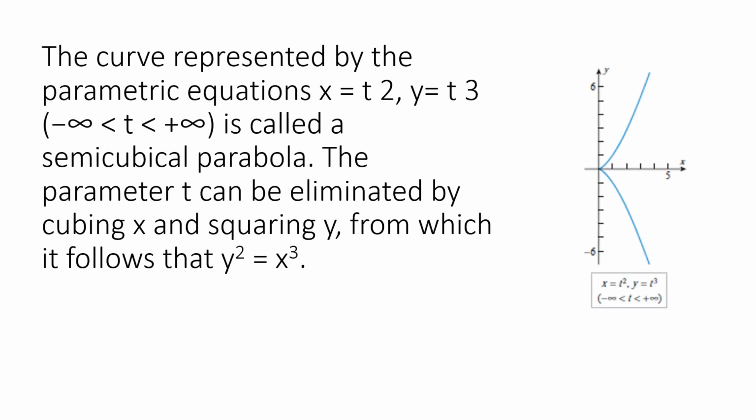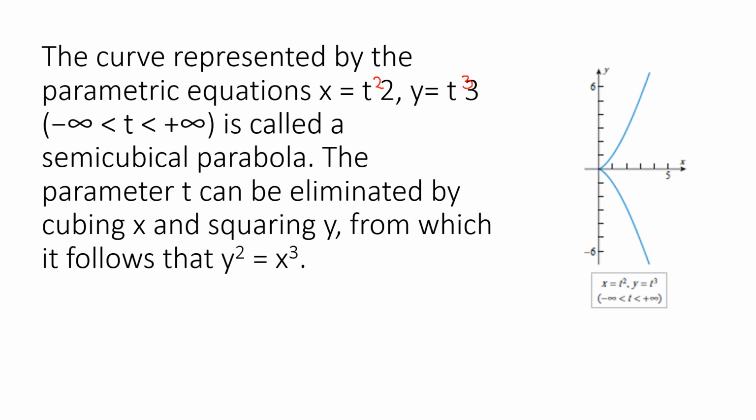So let's have this one. The curve represented by the parametric equation x is equal to t squared, and y is equal to t cubed, where t is greater than negative infinity but less than positive infinity, is called a semicubical parabola. The parameter t can be eliminated by cubing x and squaring y, from which it follows that y squared is equal to x cubed.